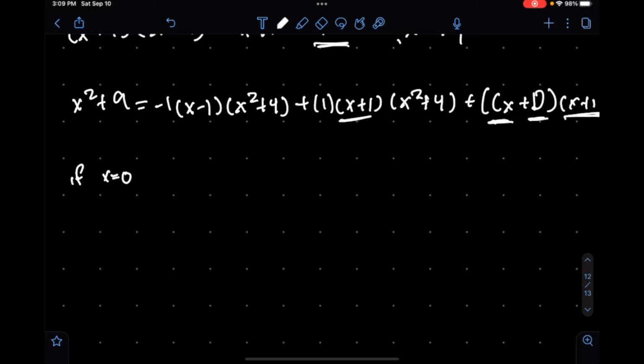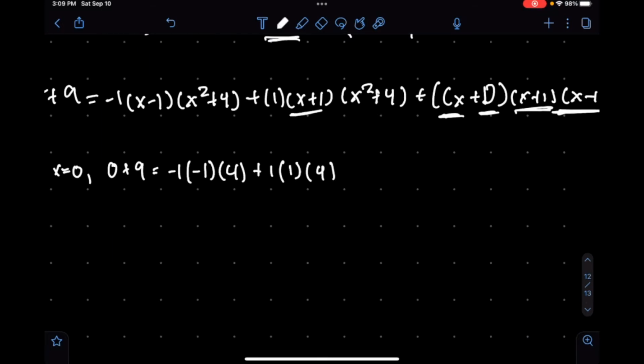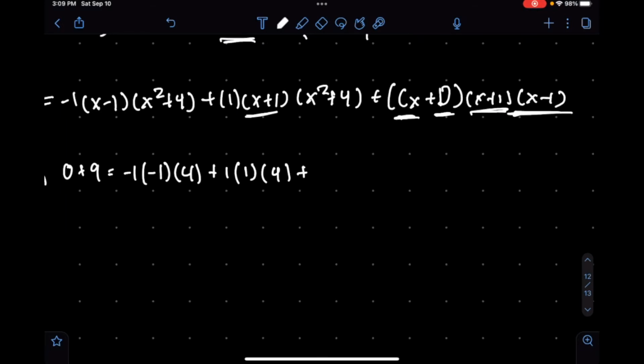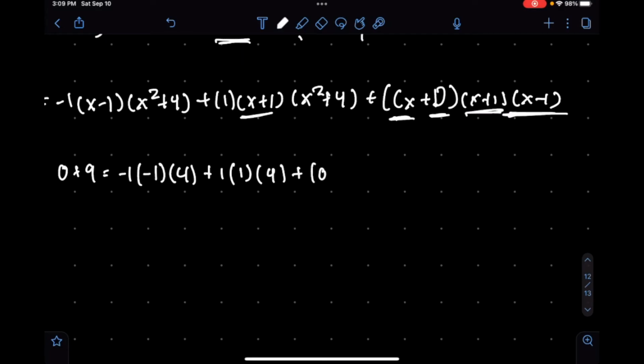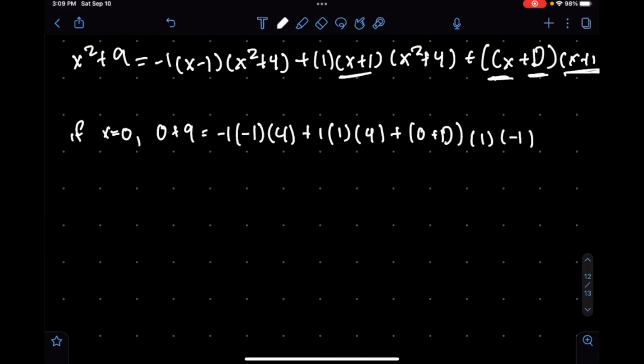If x is equal to 0, then we get 0 plus 9 is equal to negative 1 times negative 1 times 4 plus 1 times 1 times 4 plus 0 plus d times 1 times negative 1. This gives us 9 equals 4 plus 4 minus d.